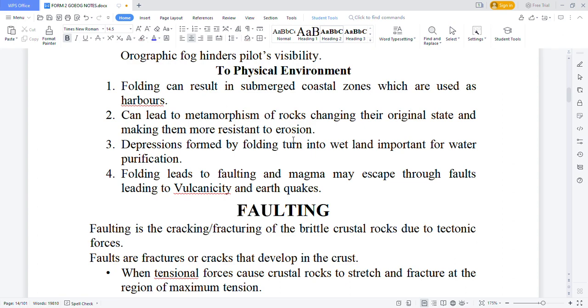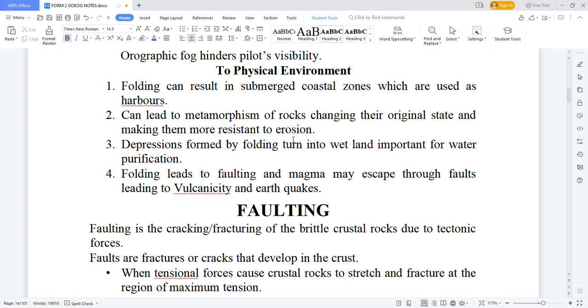Number one, folding can result in submerged coastal zones which are used as harbors. Number two, it can lead to metamorphism of rocks, changing their original state and making them more resistant to erosion.